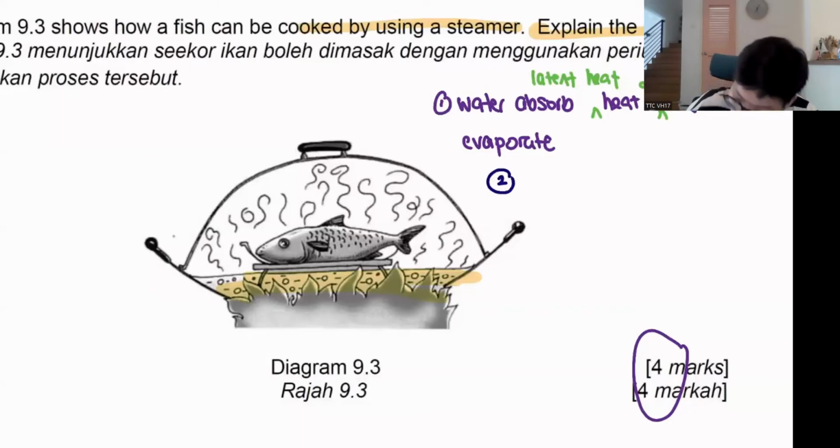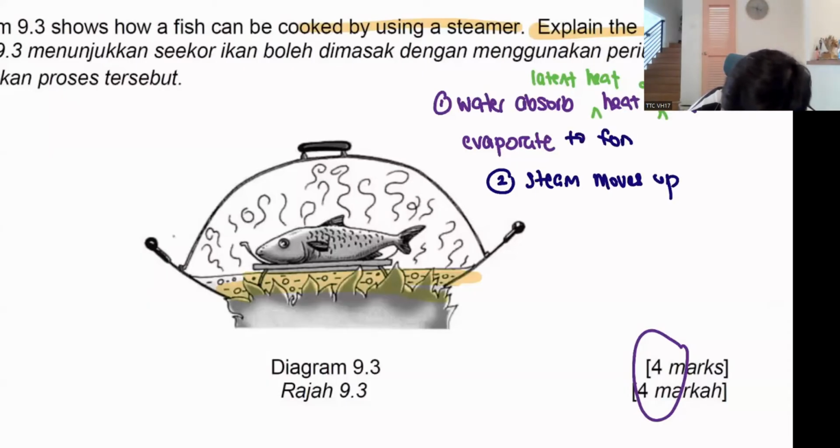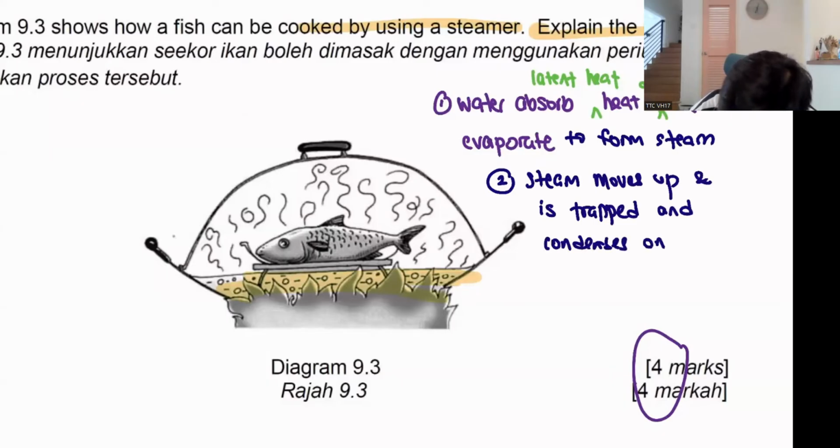Number 2. If it absorbs latent heat of vaporization and evaporates, then we can say that the water forms steam. The steam will move up and is trapped, and condenses on the surface of the fish.